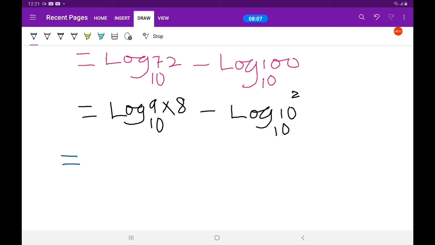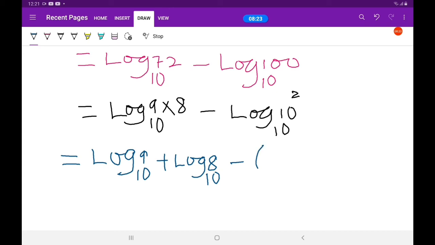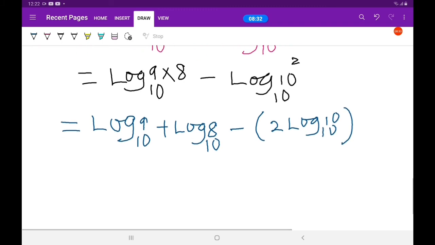That becomes log 9 to base 10 plus, because I have times in between them, log 8 to base 10, minus 2 log 10 to base 10. Remember, the 2 will come down. We have dealt with that law also.